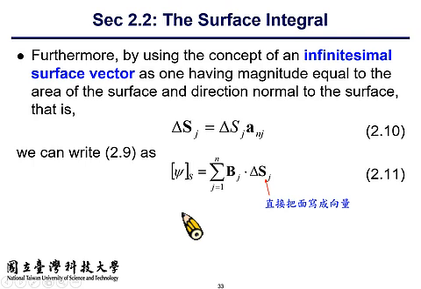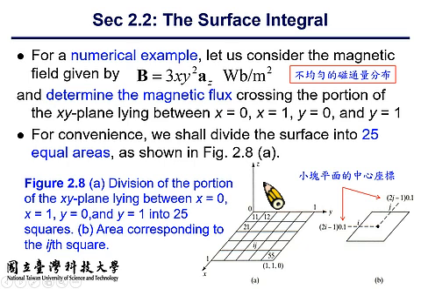If we use the concept of infinitesimal surface vector, then the summation can be written more directly as the scalar product of B_j dot delta S_j. So you directly use the concept of scalar product to represent the calculation of effective magnetic flux passing through an infinitesimal surface.